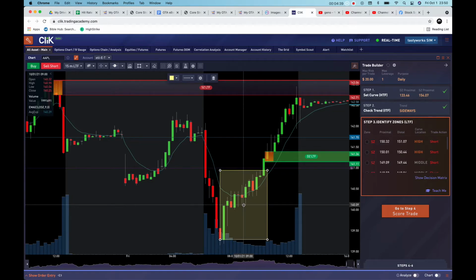Remember, the range will include the wicks. So this candle, bottom of the wick to the top of the wick, is the entire range of the candle. This candle closes in the range of this candle, as does this candle, as does this candle, as does this candle. So all of these candles here would be included in the base.